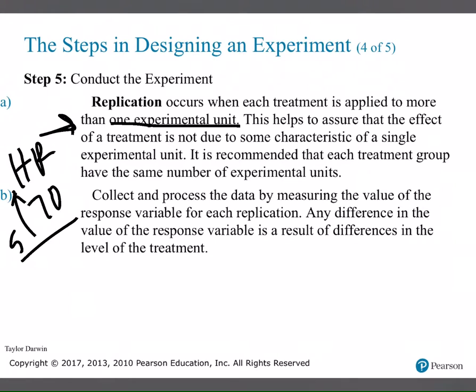And so you don't want to just ask one person in one category or whatever your experimental unit is. It helps you make sure that the effect of a treatment is not due to some characteristic of a single person with a heart rate of 70 or whatever it is that you're looking at. Collect and process the data by measuring the value of the response variable for each replication. Any difference in value of the response variable is the result of differences in the level of treatment.